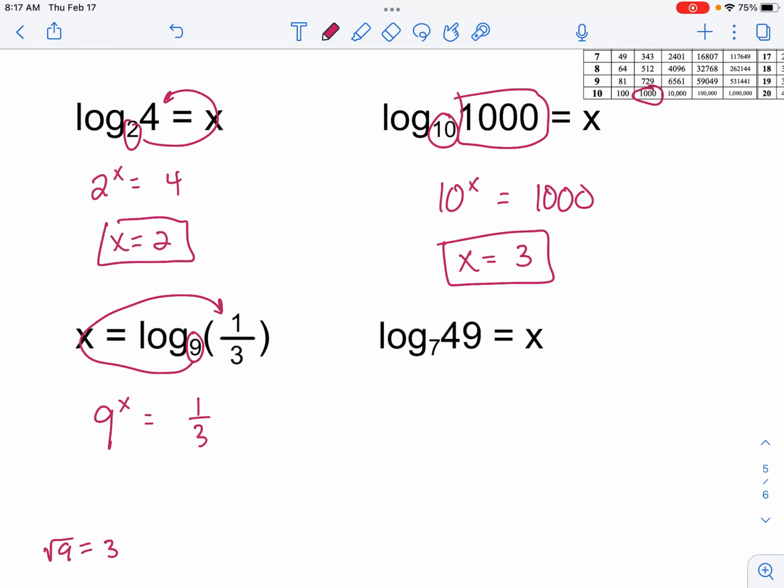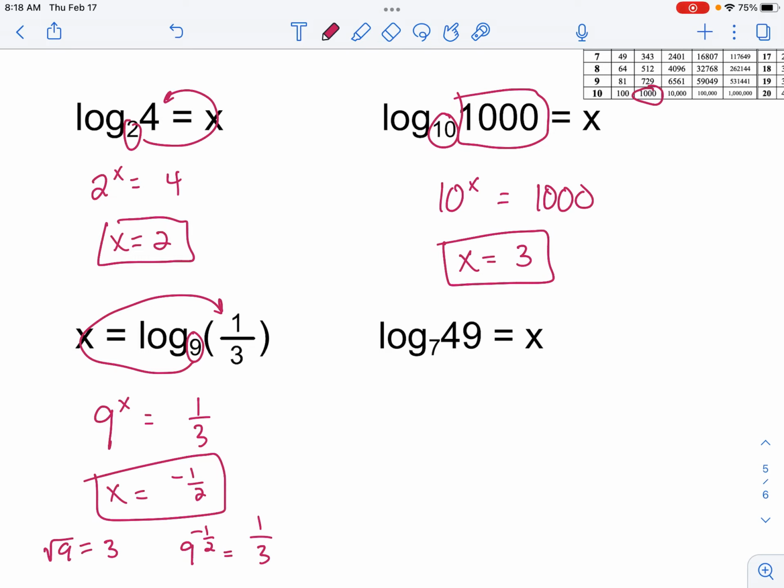And so that would mean that 9 to the 1/2 power is 3. We learned about that before, that the square root's the same as the 1/2 power. So we're closer, but we're looking for 1/3. And then the question is, how do we get that 3 on the bottom? Well, 9 to the negative 1/2 power would be 1/3. So in this case, x is negative 1/2.